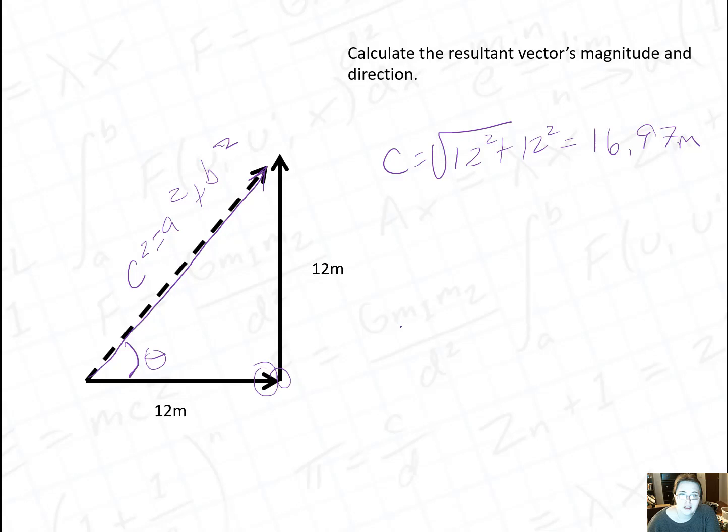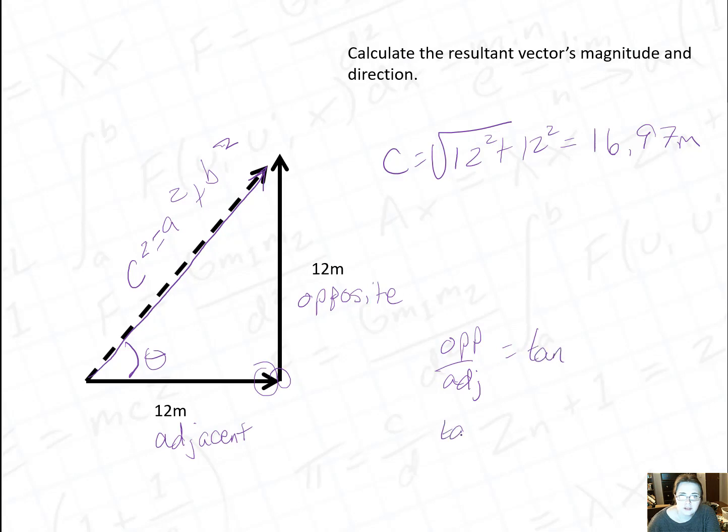To do that, 12 is across from the theta, so it's opposite. And then this one here is next to this theta, so it's adjacent. So then we have opposite over adjacent is equal to tangent.